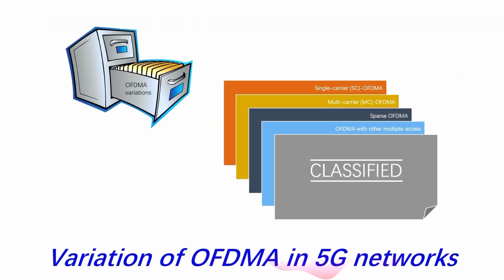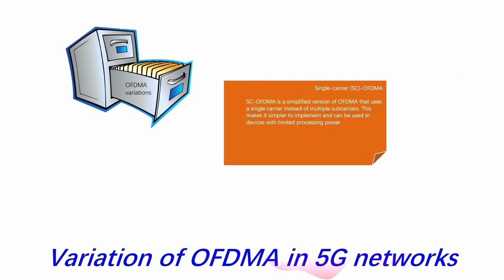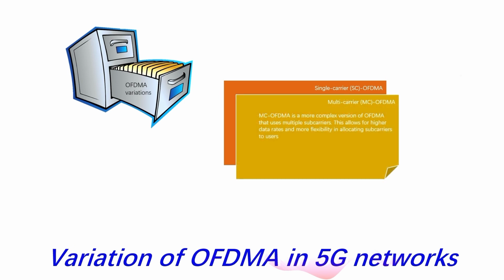Variations of OFDMA in 5G networks. First of all, single carrier OFDMA. This is a simplified version of OFDMA that uses a single carrier instead of multiple subcarriers. This makes it simpler to implement. Multi-carrier OFDMA is a more complex version of OFDMA that uses multiple subcarriers.